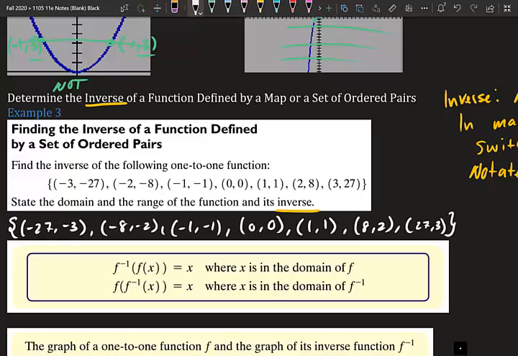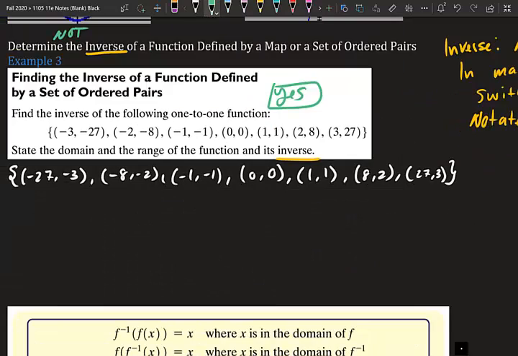Now, is this one-to-one? Yes, it is one-to-one because 1 x, 1 y, nothing repeats. No x's repeat. No y's repeat. So let's go ahead and state the domain and range. The domain of the inverse, that's all of our new x's.